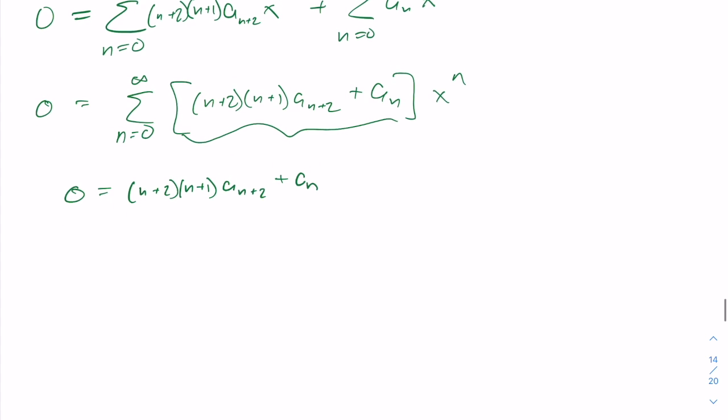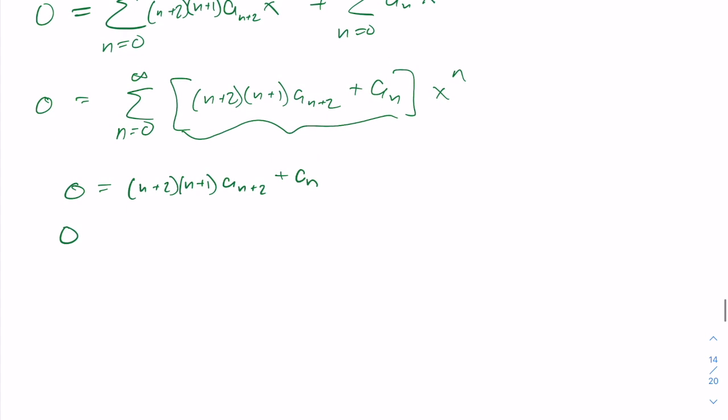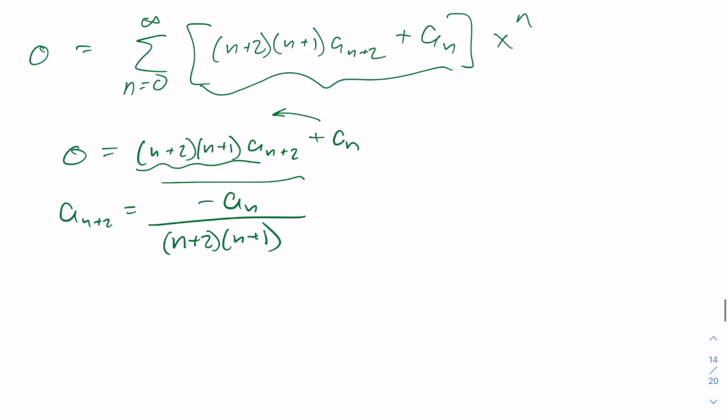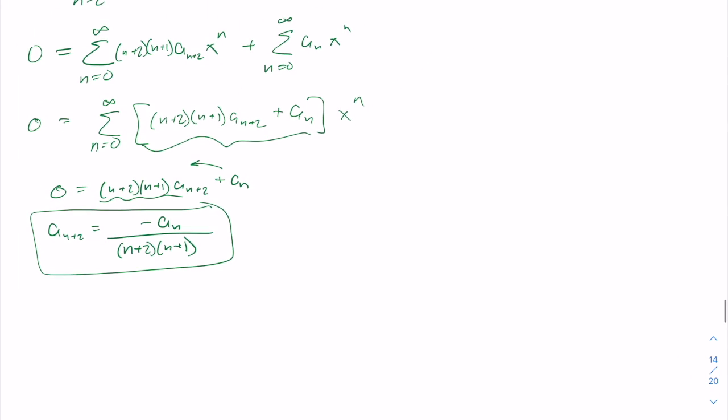And so then the thing to do here is, let's move that over, or maybe the easier way to do it is to think of that being moved over and then divide by this stuff. So that means that a sub n plus 2 is equal to negative a sub n over n plus 2, n plus 1. All right, here is my recurrence relation for the coefficients of this power series.